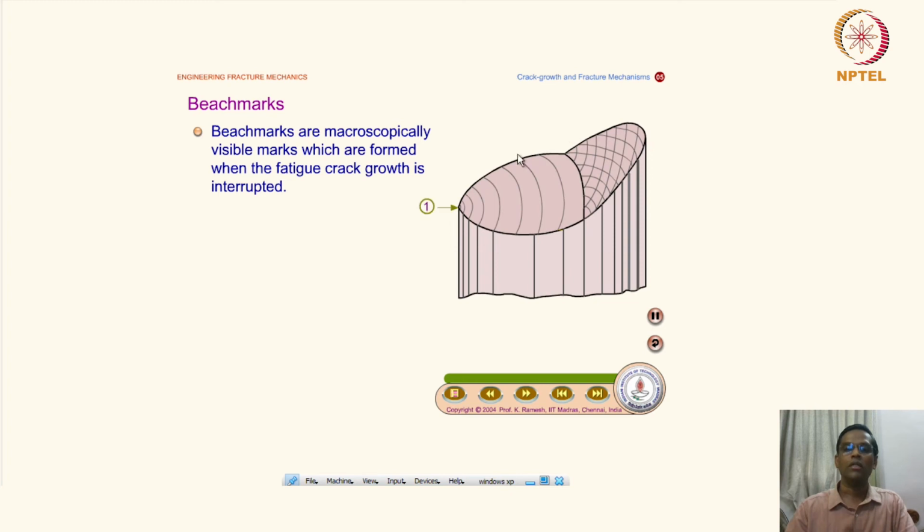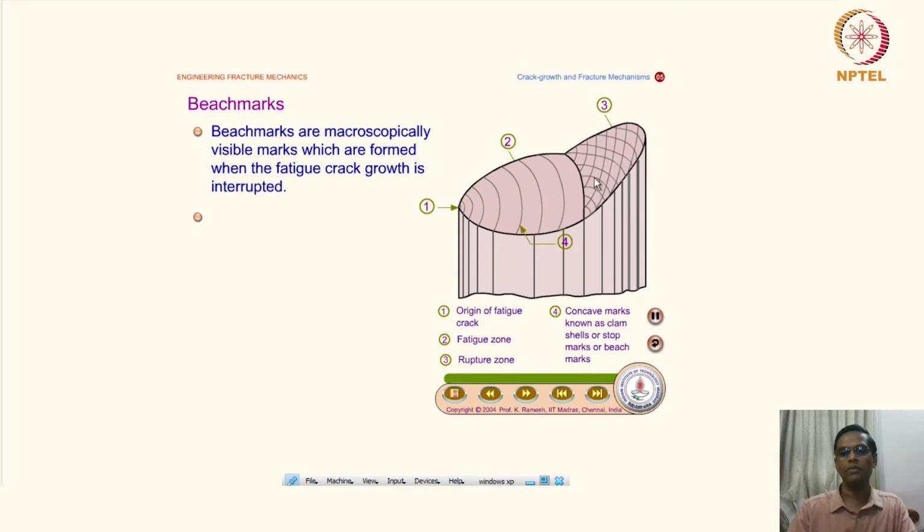So this is one schematic where the crack initiates from this point, and you see that these lines are where the crack is growing like this, and then finally it is a rupture, as it's a shear lip which is at 45 degrees. So the origin of the crack is shown here, and this particular zone is called the fatigue zone, and this is called the rupture zone, that is, a crack growth zone or rupture zone.